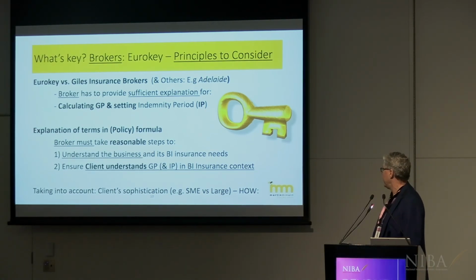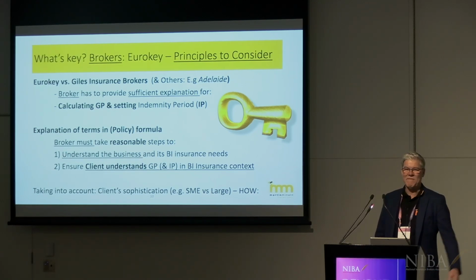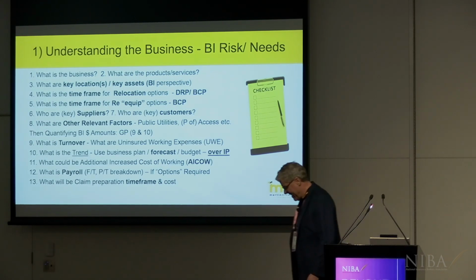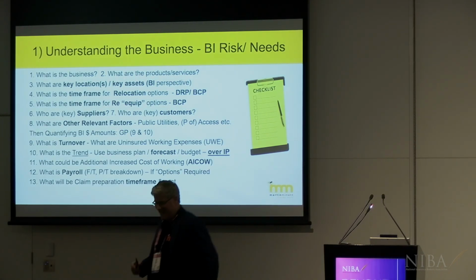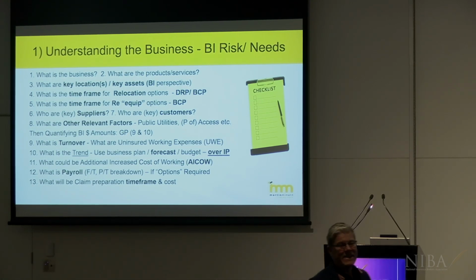So we're just going to touch through all of those today, and as I said, address some of those real questions that clients ask. And I'm going to come down, so I'm not just up on high, to run through. This is really what we talk to clients about in terms of making sure that we understand their business interruption exposure and their risks. So whether it's the SMEs that we deal with or the largest corporates that we deal with, we run through these same types of questions to start off with.